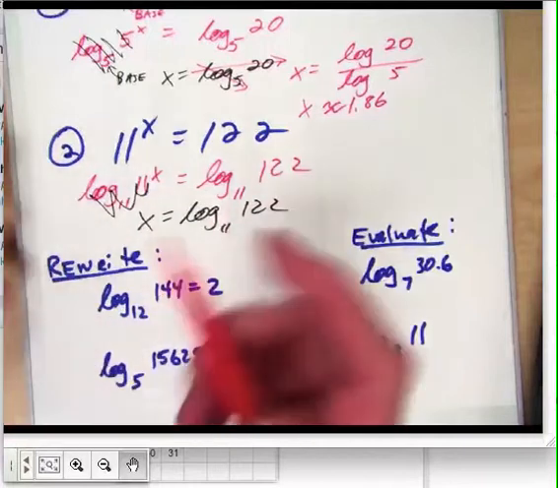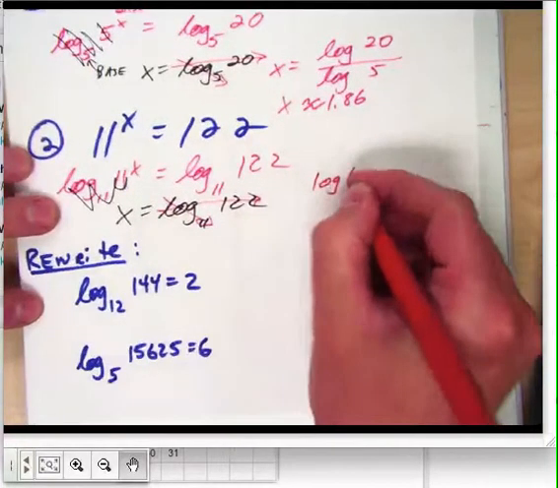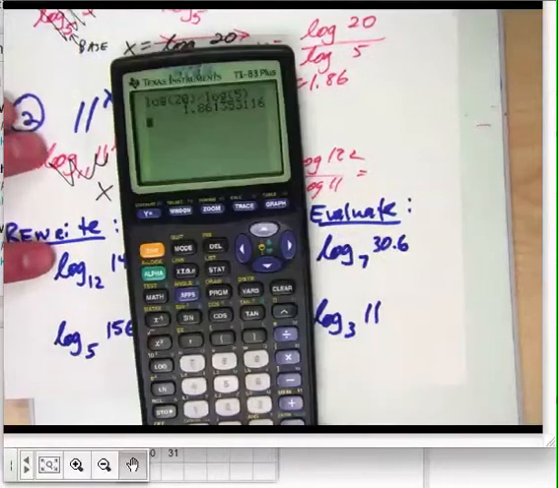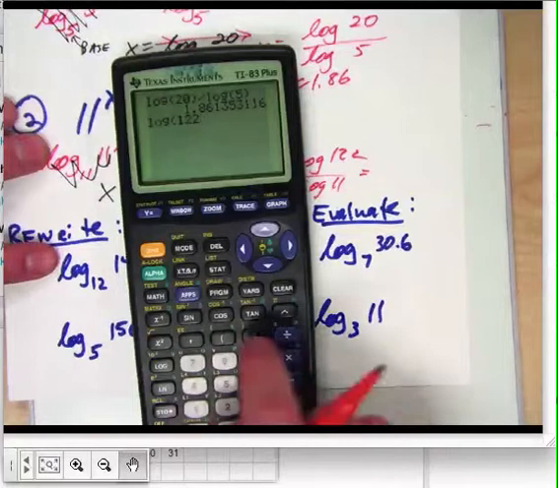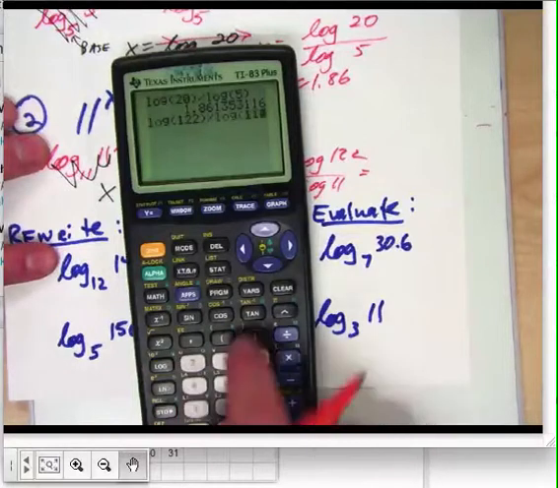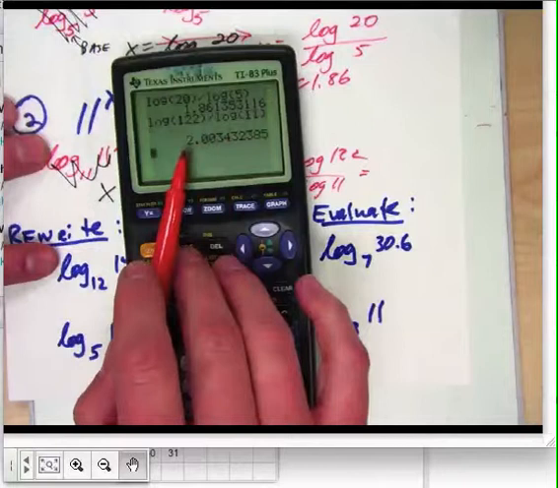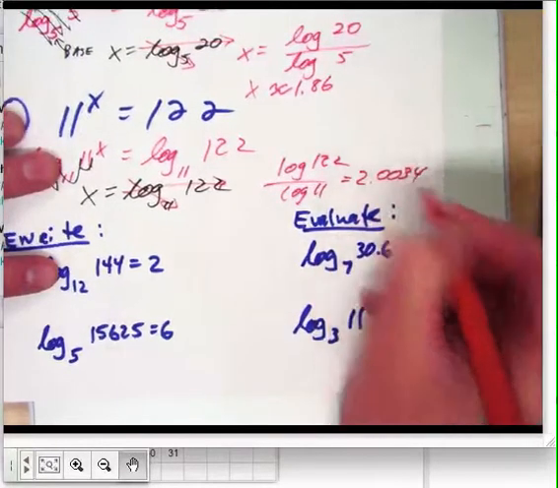Take the top divided by bottom by the change of base property, and log of 122 divided by log of 11, and I'm going to get the solution, and it should be a number that's just a little bit greater than 2. I do the division of the two logs, and I end up with 2.0034. So my approximate answer is 2.0034.